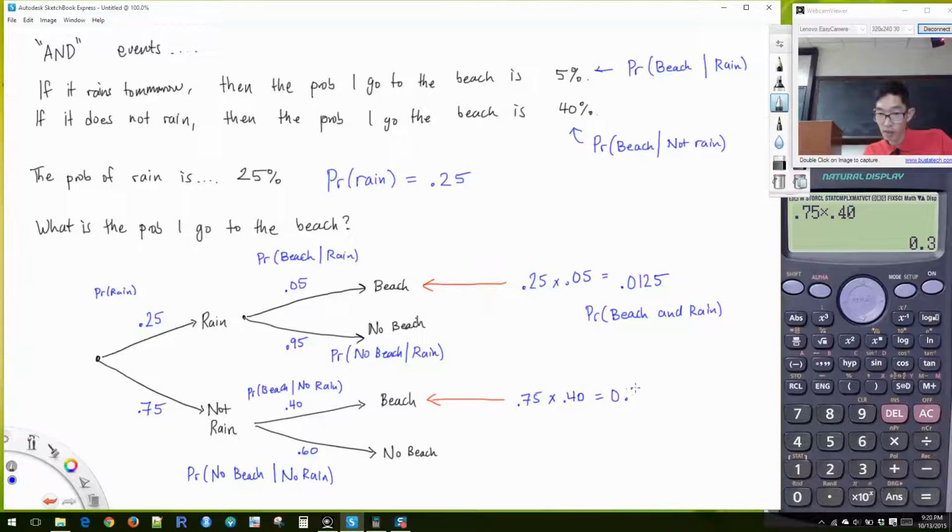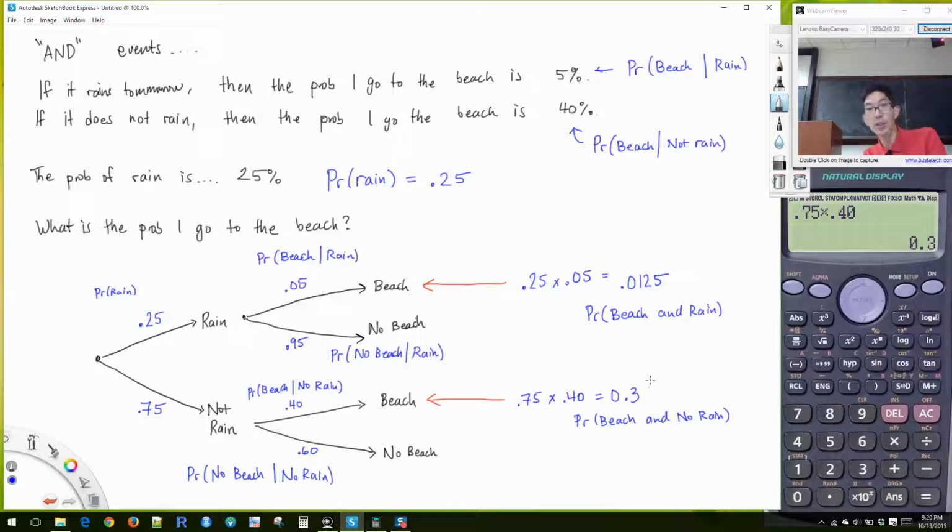And what is the label applied to this? This is probability of beach and no rain. So there's two ways for me to end up at the beach. It could rain and I still say, I really want to go to the beach today. Or it could end up not raining and I say, I want to go to the beach. So the total probability of ending up at the beach is this plus this.